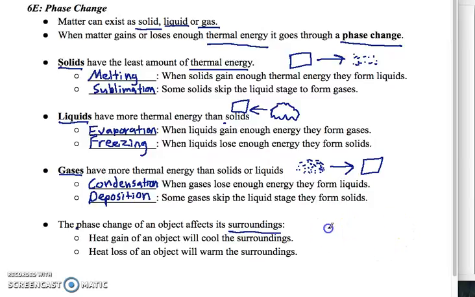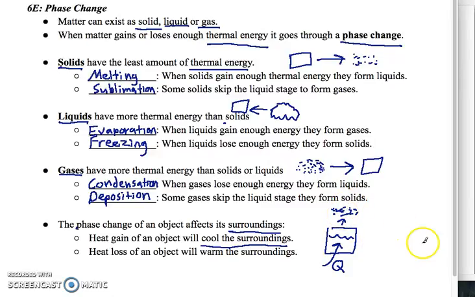So for example, if you boil water, if you take water and apply enough heat to turn it into a gas, it has to take heat from somewhere. So for water to go from a liquid to a gas, you need heat from somewhere. So it's going to cool its surroundings. It could be a stovetop or whatever it's touching is going to lose heat because that heat's being sucked into the liquid so that it can evaporate.